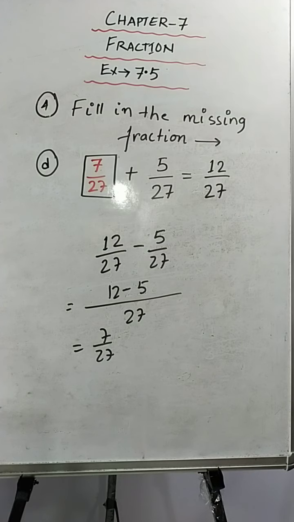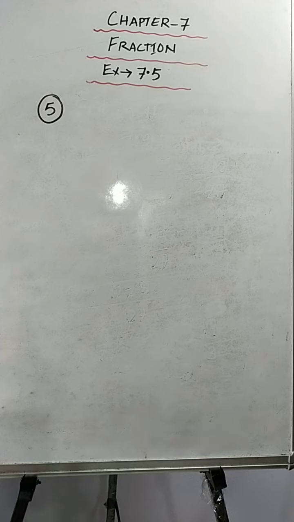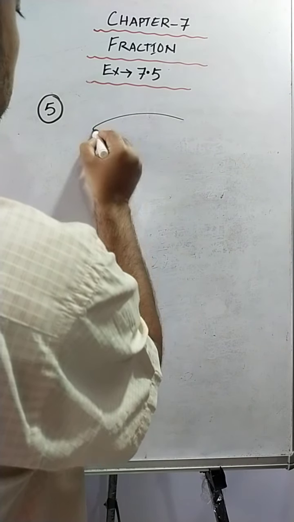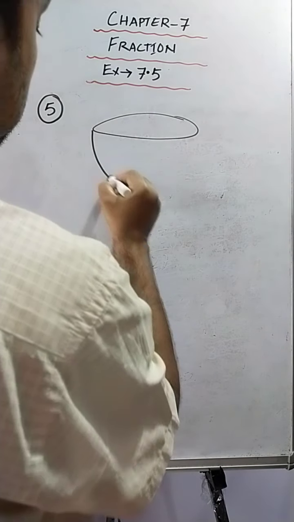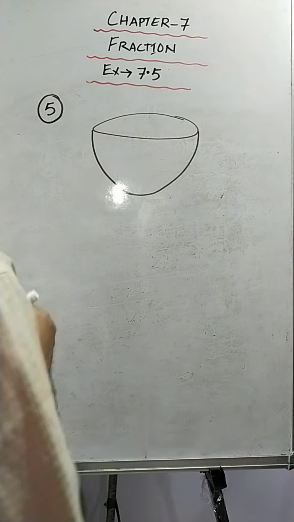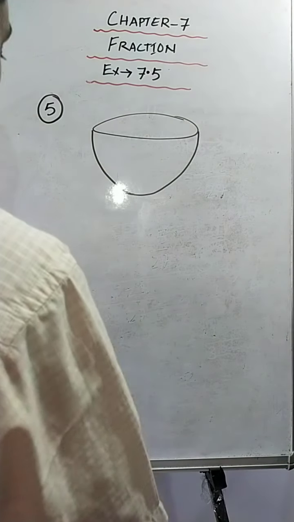Now let's move on to question number 5, students. In question number 5, we have: Javed was given 5 by 7 of a basket of oranges. Suppose there is one basket. If I draw this figure, suppose this is a basket, and suppose I draw some oranges here.